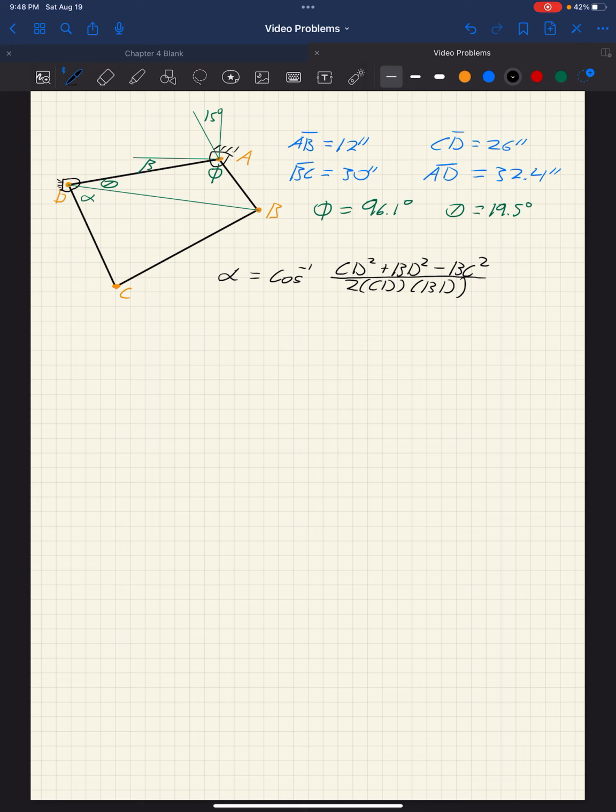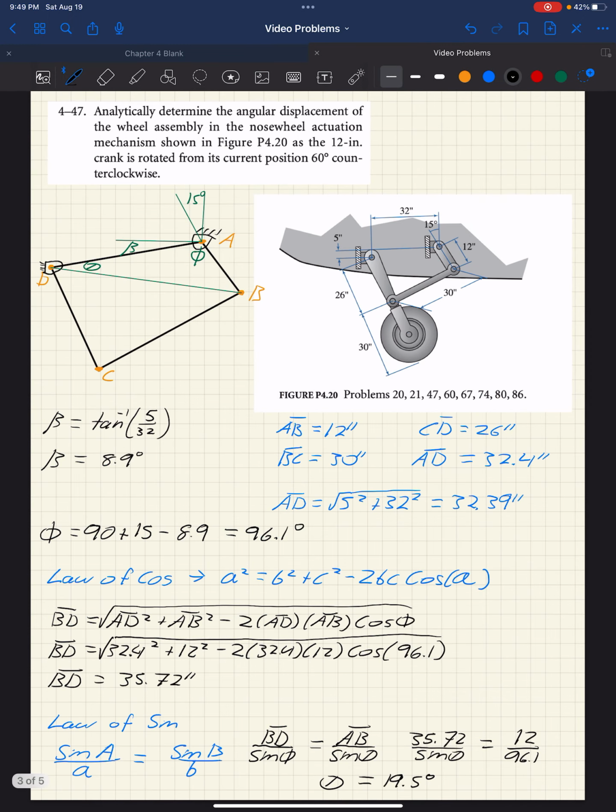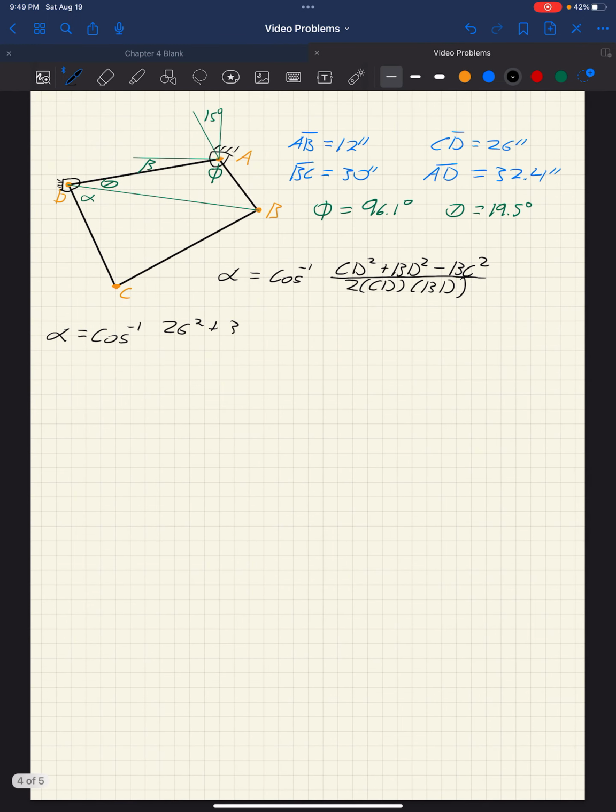So if we plug our values in here, alpha is equal to the cosine inverse of 26 squared, plus our BD, which is 35.72 squared, minus 30 squared, all that over 2 times 26 times 35.72.